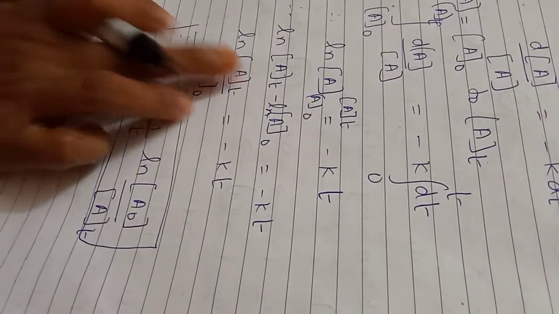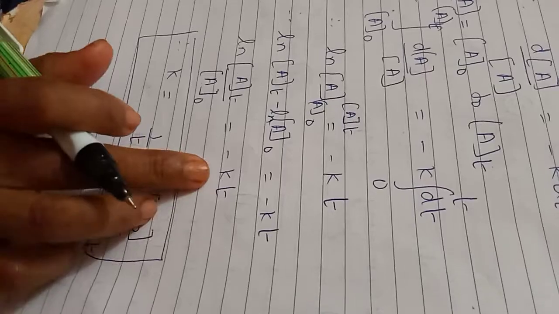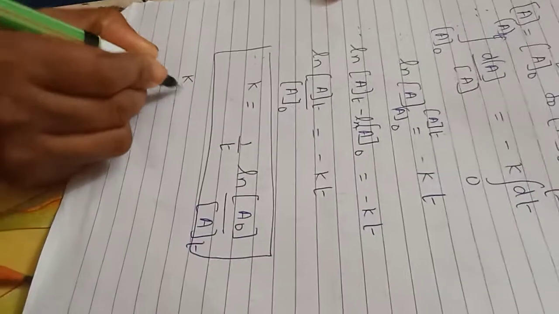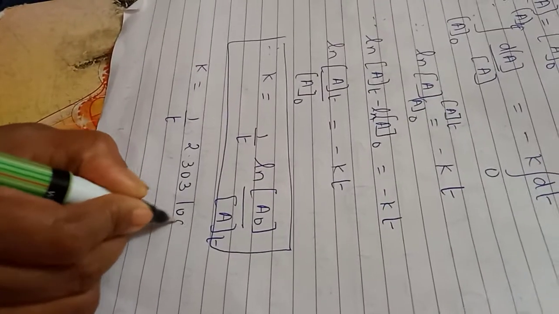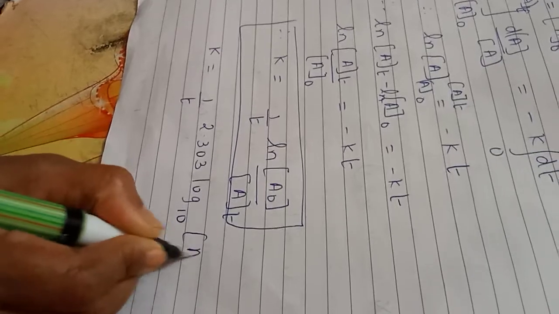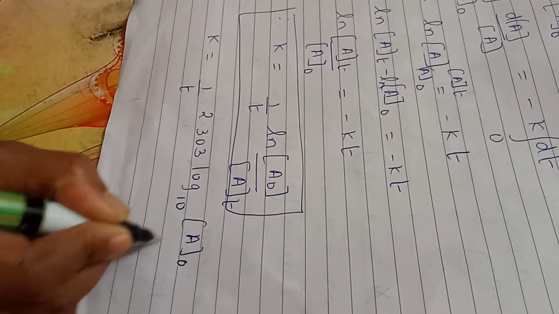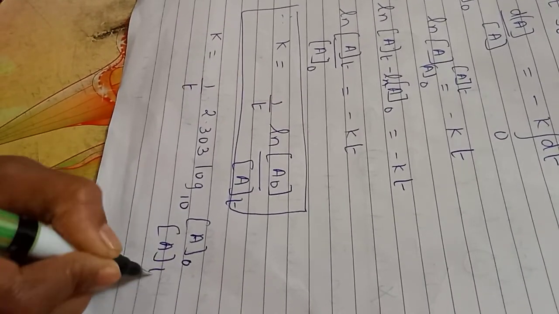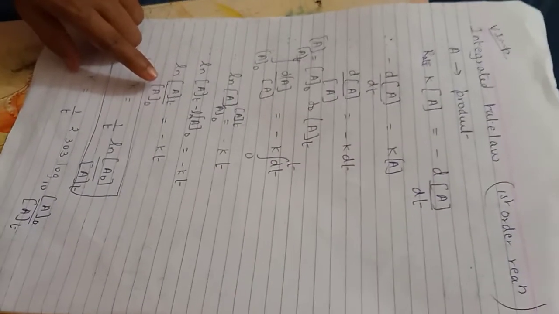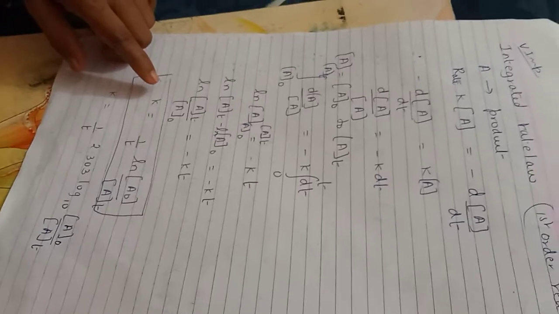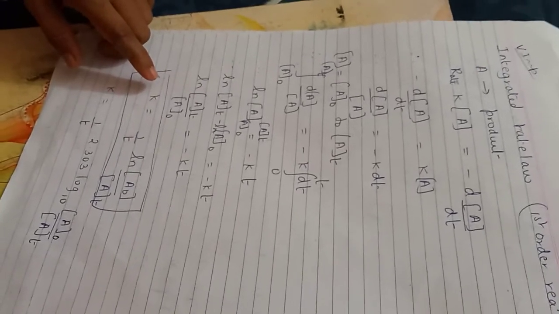Log A minus log B is log A upon B, natural log. To be more precise, your log table doesn't allow you to use natural log, so multiply by 2.303 log to the base 10 of concentration of A naught to concentration of A t. Done. Don't forget to take the reciprocal here because I have changed the sign. Okay. Next period we will continue with half life and all that. We'll stop for today.